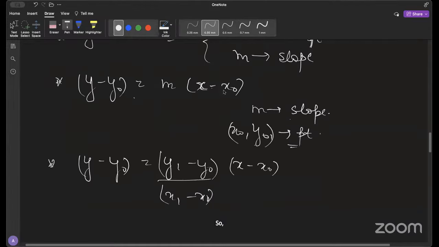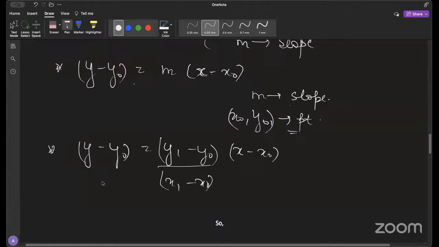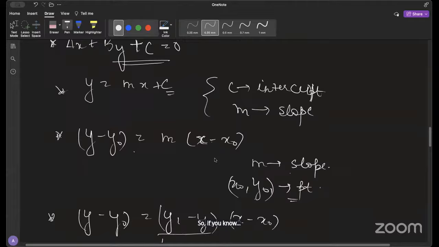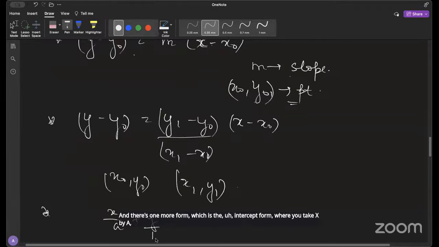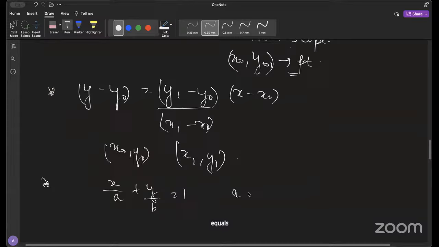So x0, y0 is one point, and x1, y1 is another point that you know. And there's one more form, which is the intercept form, where you take x by a plus y by b equals 1, where a is the x-intercept and b is the y-intercept.